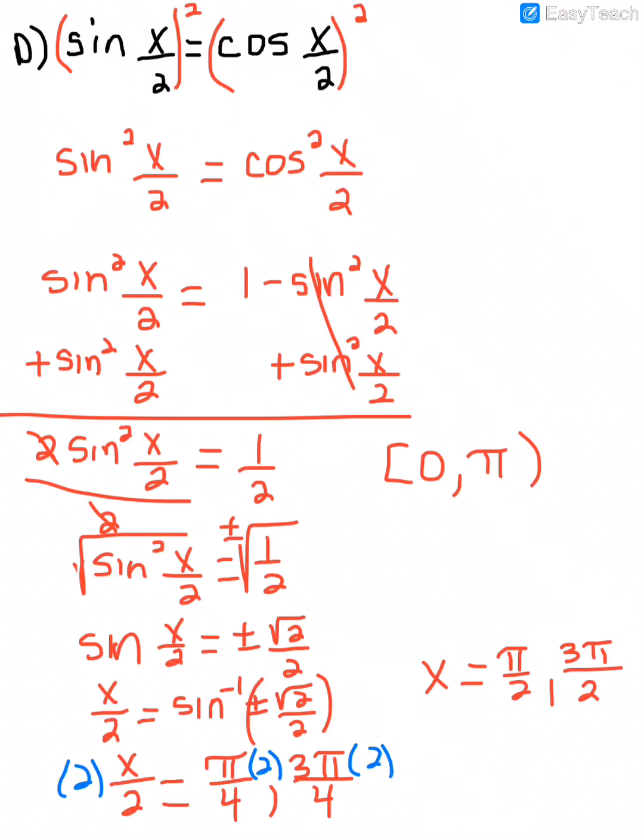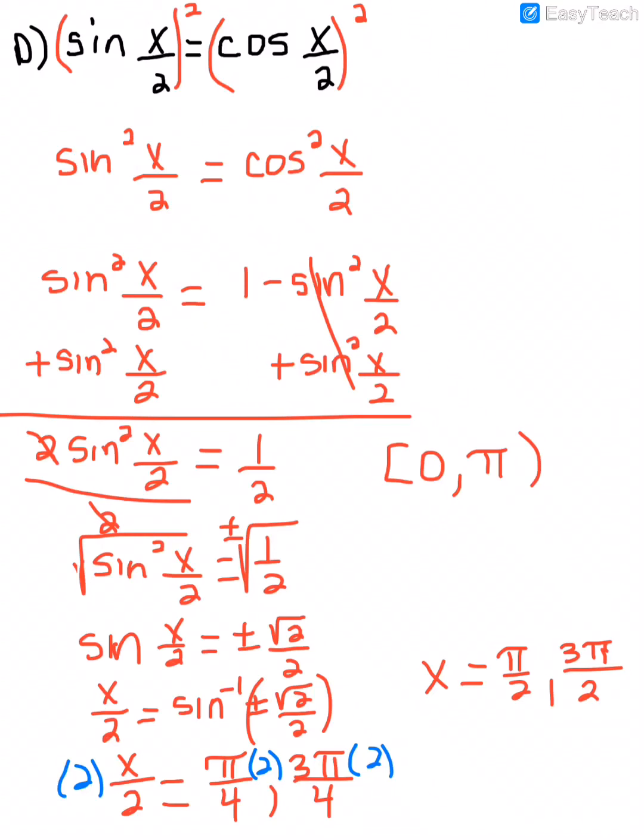Now, there's one thing that we need to note. Anytime we solve an equation by squaring both sides, we introduce extraneous solutions. So we always have to check our solutions if we've squared both sides to see if either one of those is an extraneous solution. Okay, so these are my solutions, pi over 2 and 3 pi over 2.